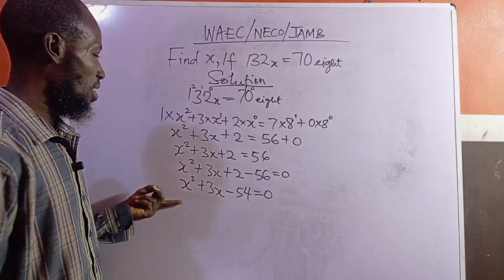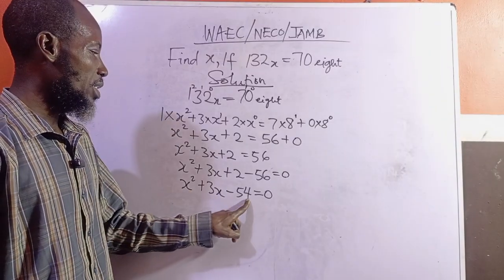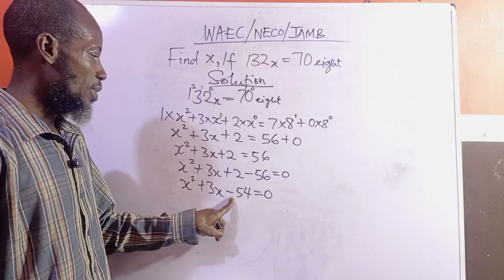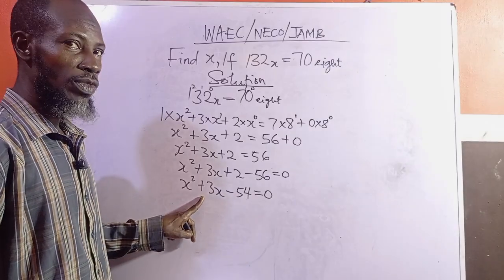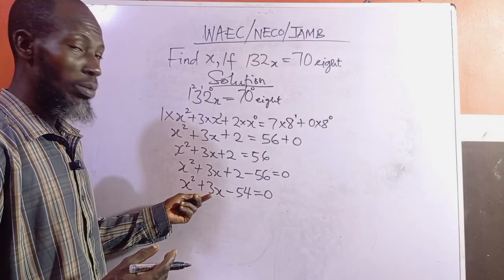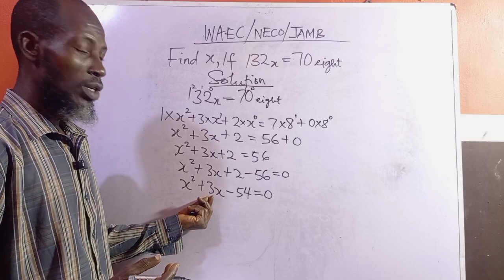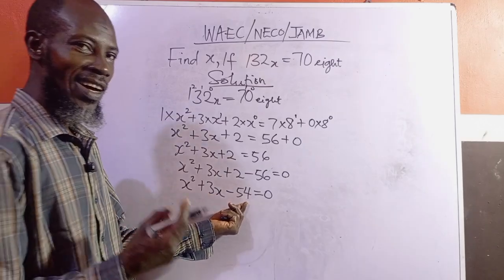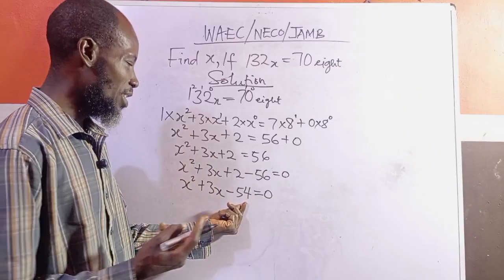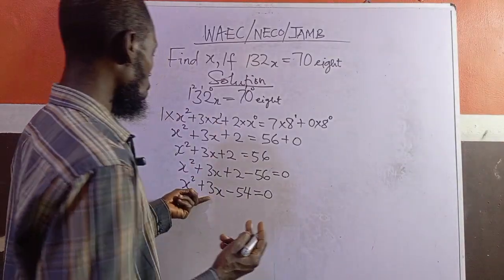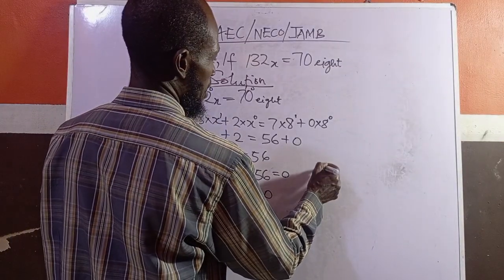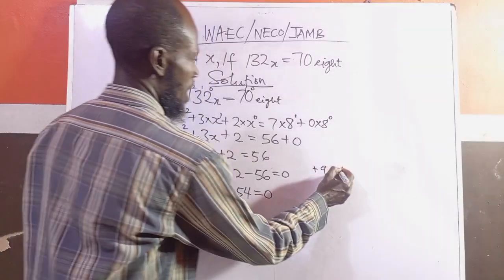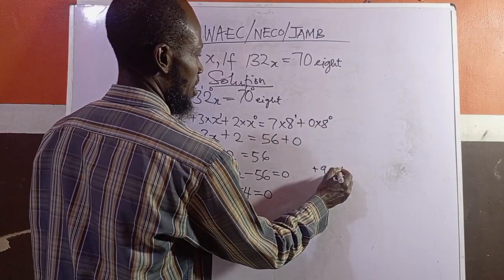And to solve this, what are the factors of minus 54 that, at the end of the day, when we sum up the numbers, we are going to have the middle term, which is positive 3? So that is 9 and 6. 9 times 6 will give us 54. So we can say plus 9 minus 6.